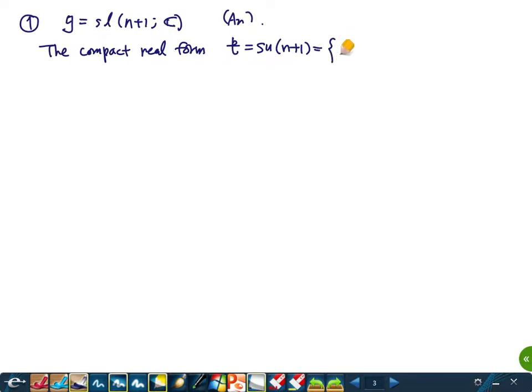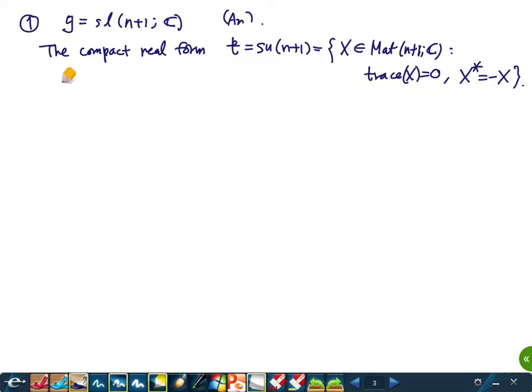It is the set of all n plus 1 by n plus 1 matrices such that special means trace 0, and unitary means the adjoint is minus the matrix, because they came from a Lie group. If you have a Lie group, the corresponding Lie algebra has these relations.